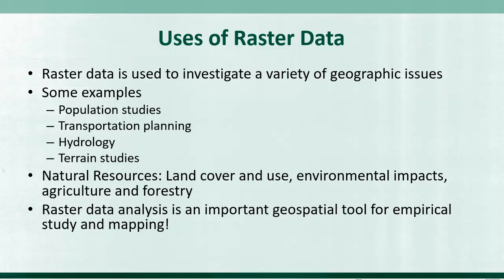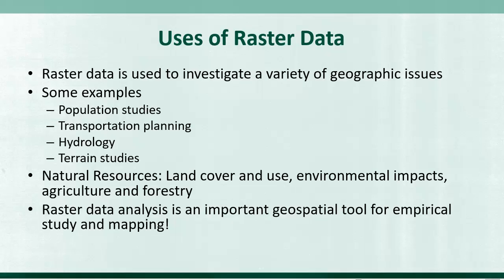It's often used in transportation planning, for understanding where roads go, how distances are related to topographic barriers, for example. It's frequently used in hydrology, or figuring out how water flows and collects in lakes and ponds on the surface of the Earth. And as I've already described, it's used to understand terrain and to analyze terrain.